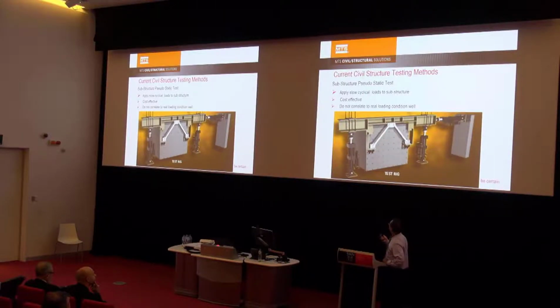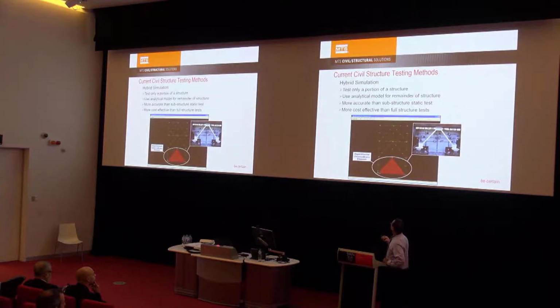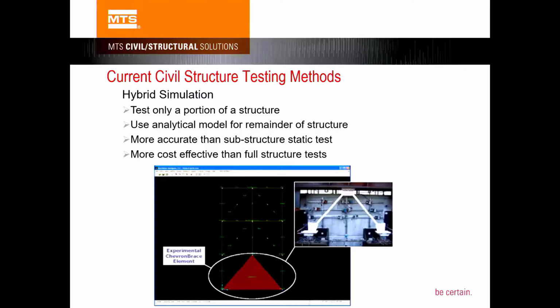And another type is hybrid simulation. So you build your model in FEA, the FEA model of part of the building structure, and the critical part, the really nonlinear part that you cannot model accurately, you put it in the lab.